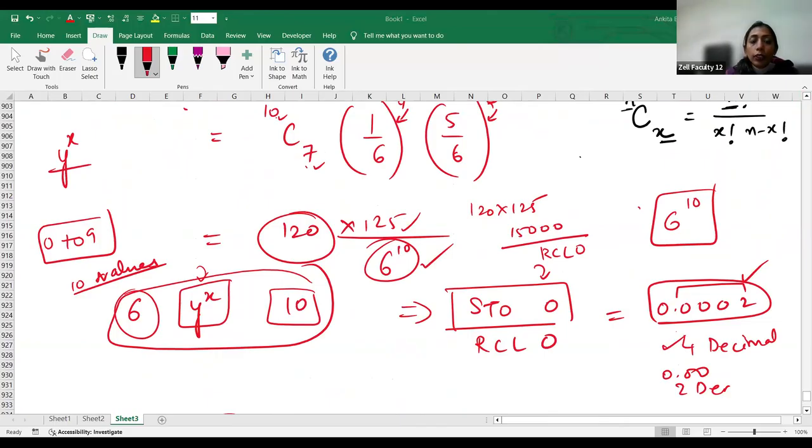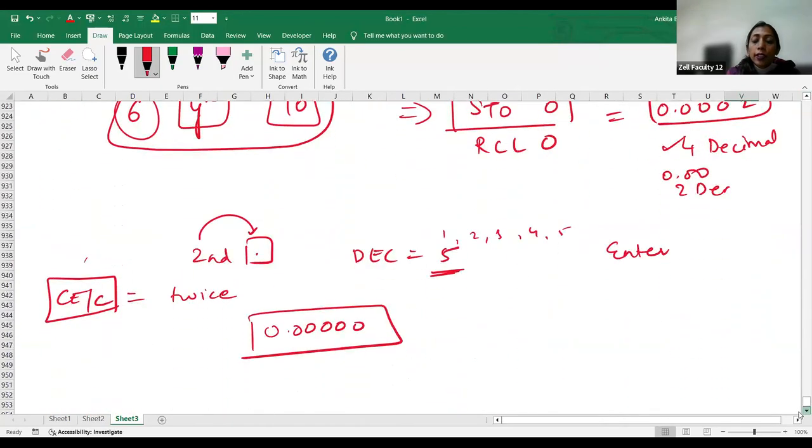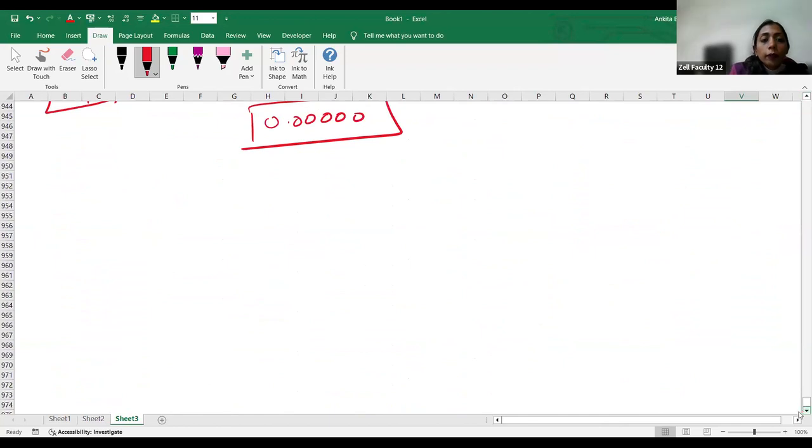Now for a binomial distribution also, you must know the two values, the two formulas we learned for Bernoulli and for the continuous function, that is the mean and the variance. Here for the binomial distribution, the mean is n into p.